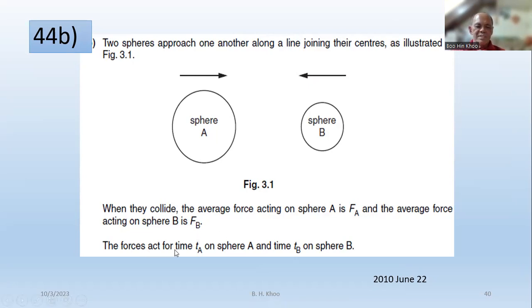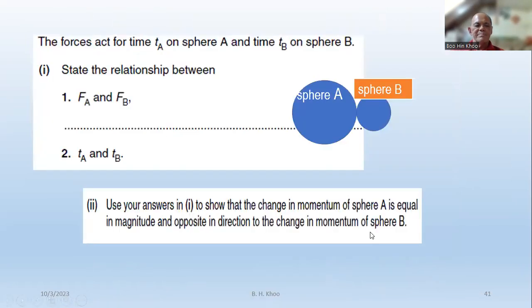The forces act for time Ta for sphere A and time Tb for sphere B. State the relationship between Fa and Fb.